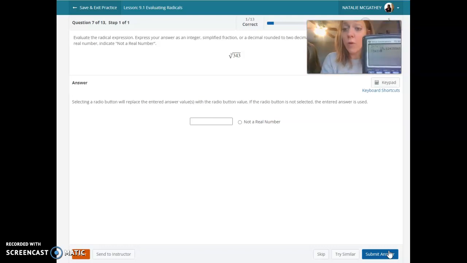And what we'll do is raise it to the power 1 over the index. So I use this caret button, raise it to the power, and then in parentheses, 1 over 3. So the cube root of 343 is the same thing as 343 raised to the 1 over 3 power. So it's going to be 7. All right.